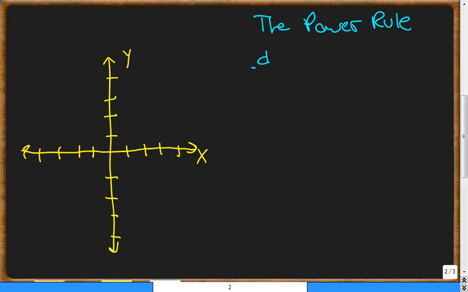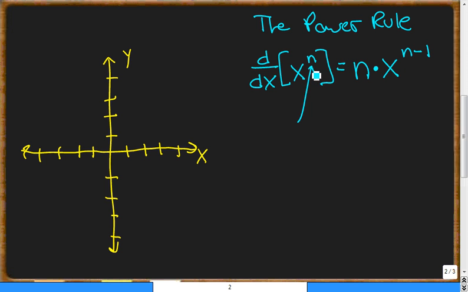The derivative of a function that is x to the n power, so a base of x and a power of n, we multiply everything in front by n. So we take that exponent and multiply down. We then keep the same base, but we then lower our exponent by 1. So where we had n before, we now have n minus 1.